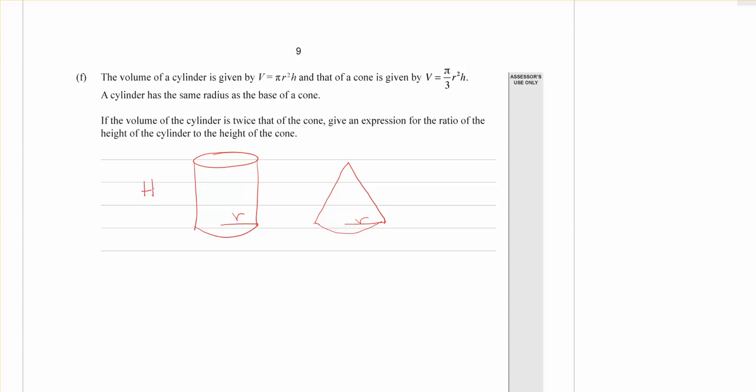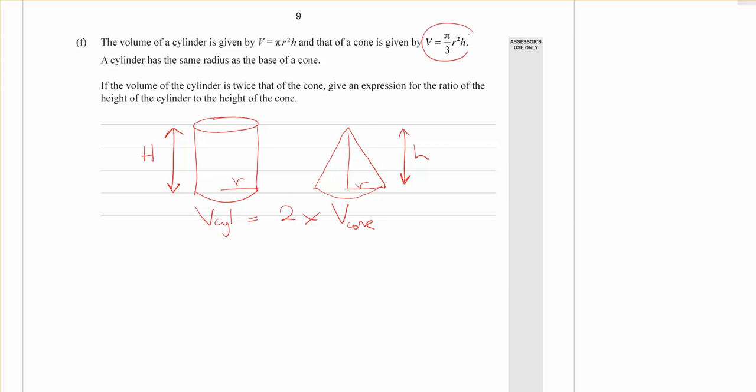So we'll call this one capital H for the height of the cylinder, and this will be little h for the height of the cone. So the volume of the cylinder is 2 times the volume of the cone. Give an expression for the ratio of the height of the cylinder to the height of the cone.